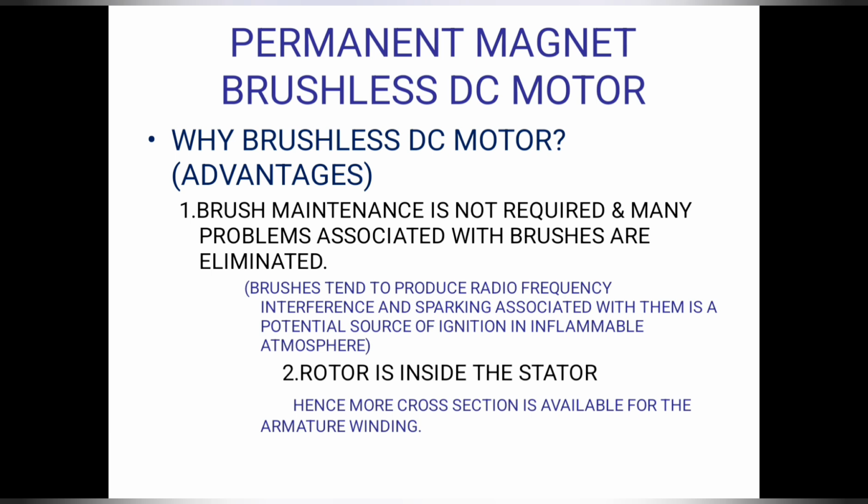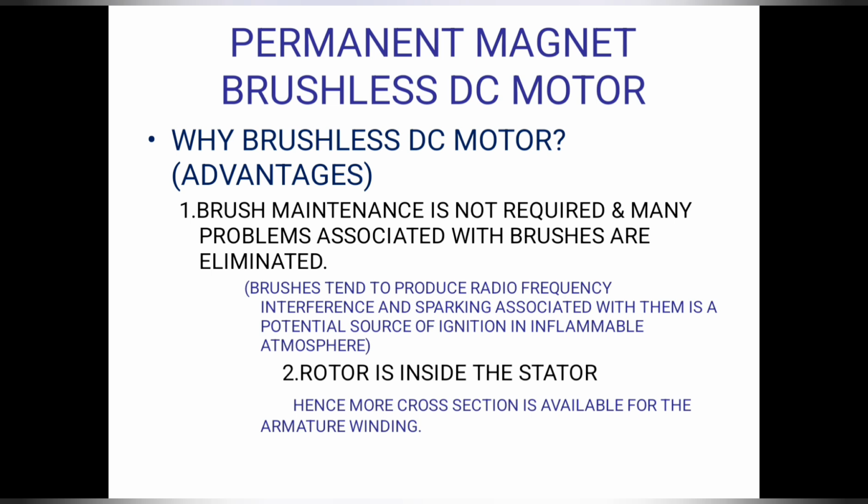The first point is brush maintenance is not required at all, and many problems associated with brushes are eliminated as brushes are not available. Usually, brushes tend to produce radio frequency interferences, and the sparking associated with them is a potential source of ignition in inflammable atmosphere. And all these issues will be avoided in BLDC motors.